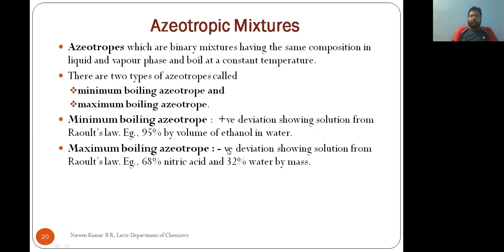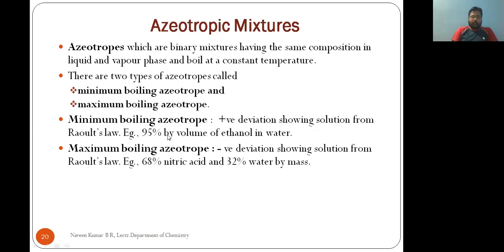If the non-ideal solution shows negative deviation from ideal behavior, then it forms the second type, maximum boiling azeotropes. These are the two main types of azeotropic mixtures. Minimum boiling azeotropes are formed by positive deviation showing solutions. Maximum boiling azeotropes are formed by negative deviation showing solutions.